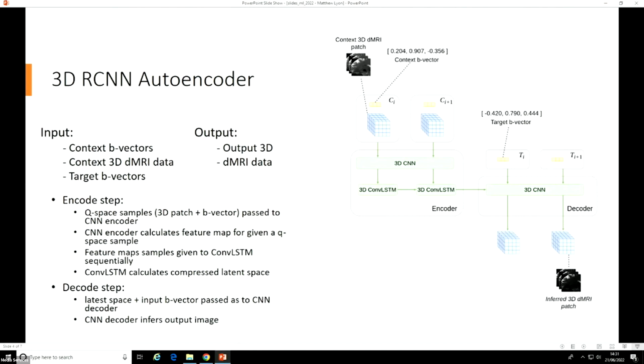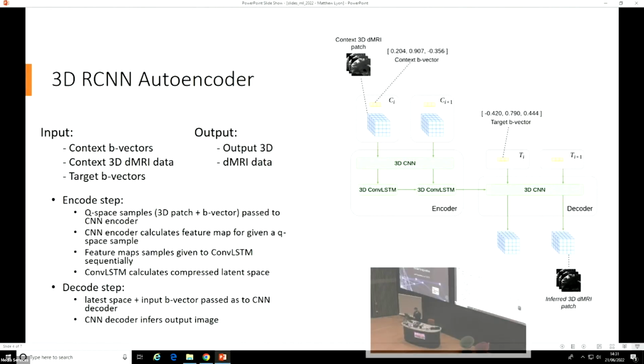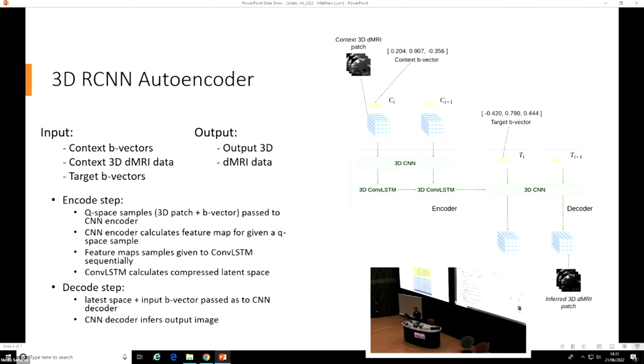So this project focuses on increasing the angular resolution, not by measuring more Q-space samples, but instead by inferring new or previously unseen ones, given a small context data set. We do this by developing a three-dimensional recurrent convolutional neural network autoencoder.